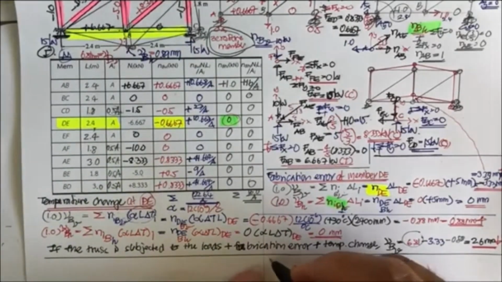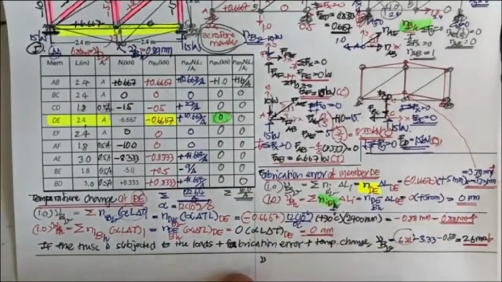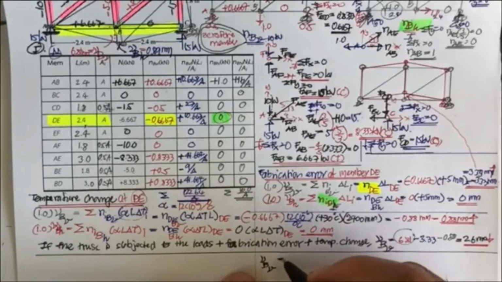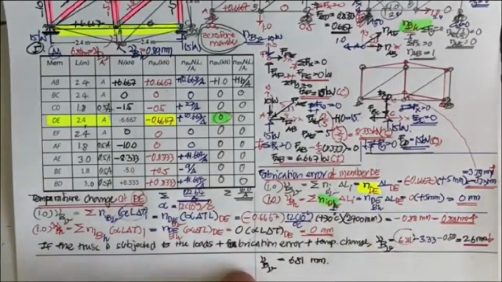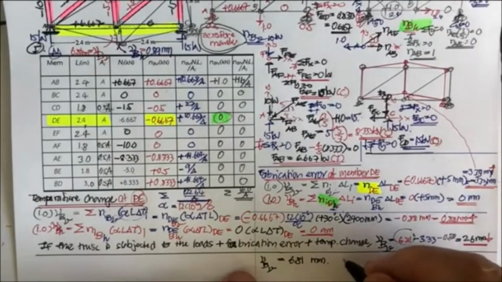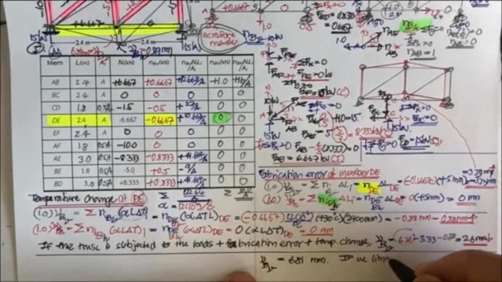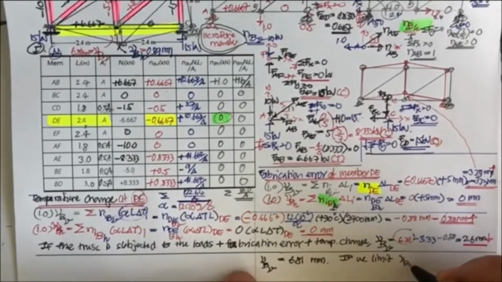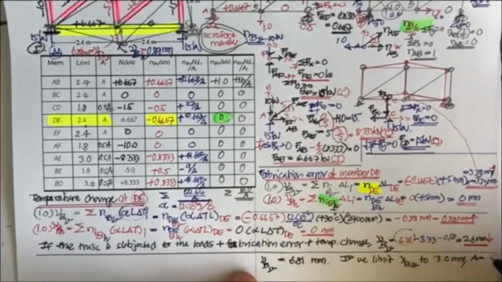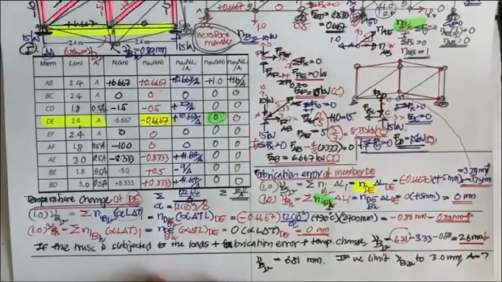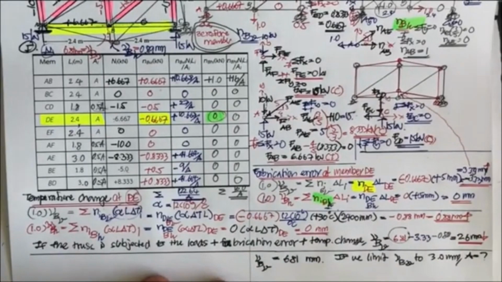Under the force, we have V sub B in the vertical direction of, let's say, 6.81 millimeter. And then if we limit V sub BV to 3.0 millimeter, what is going to be the A?